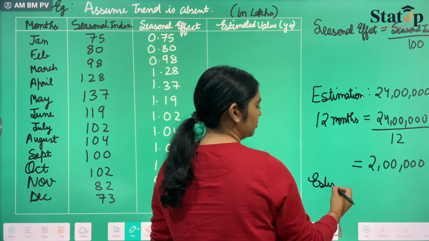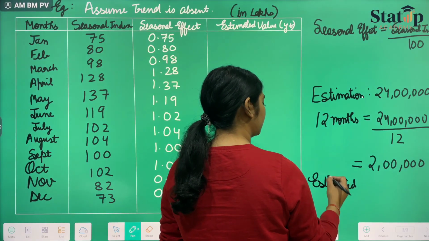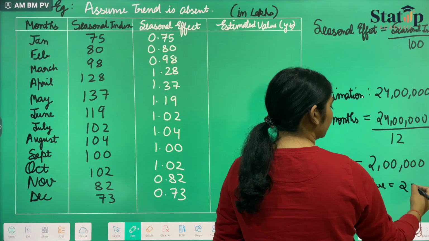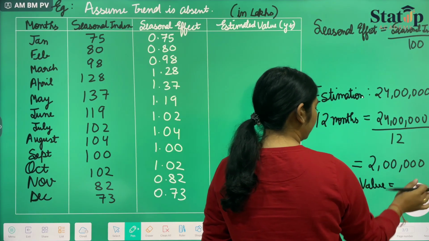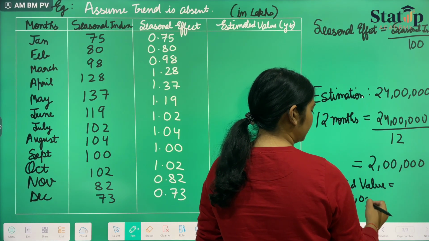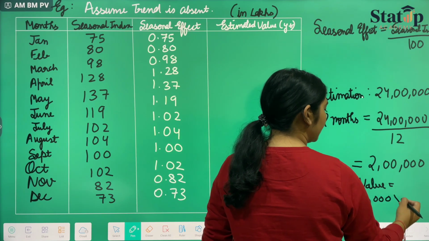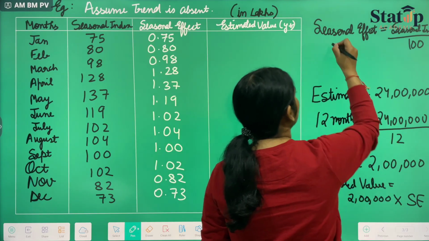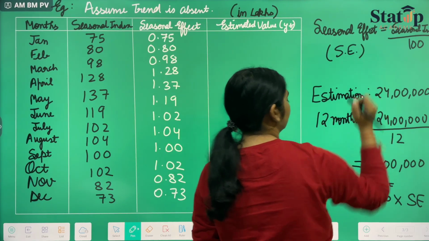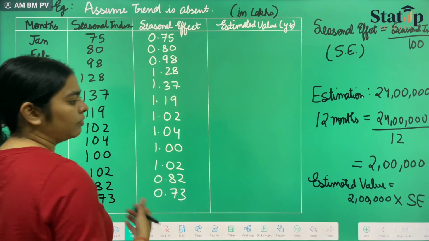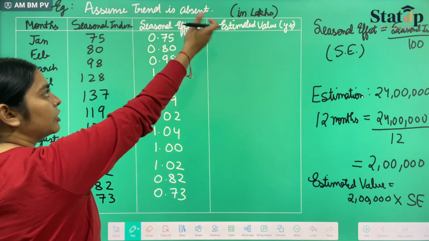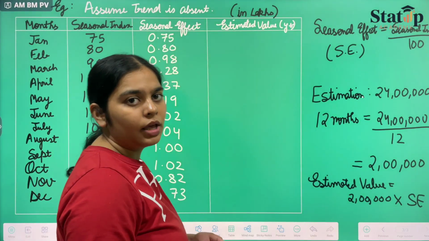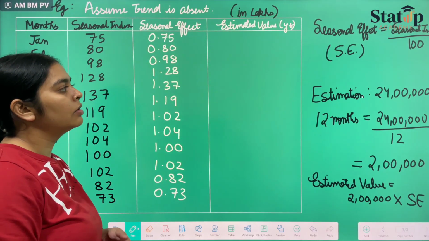Estimated value is equal to 2 lakh into our seasonal effect. So instead of lakh, I am multiplying it by 2, and I have written on the top that these values are in lakh, or you can directly multiply it by lakh only, and you can write the table as lakhs.